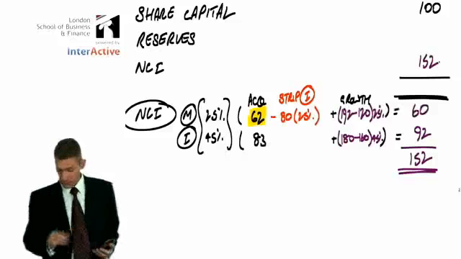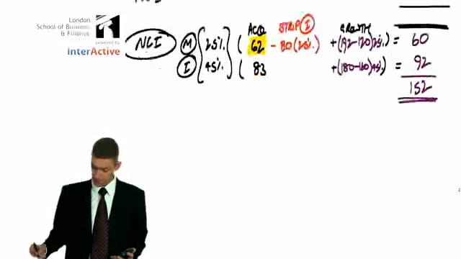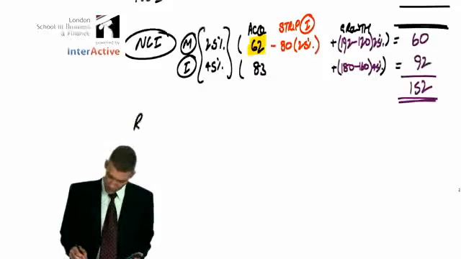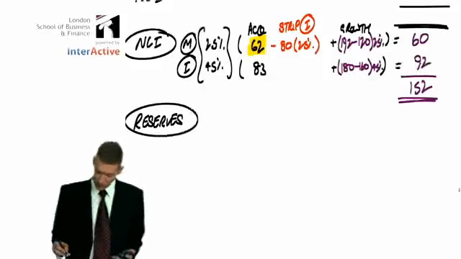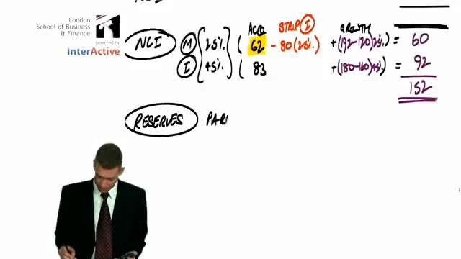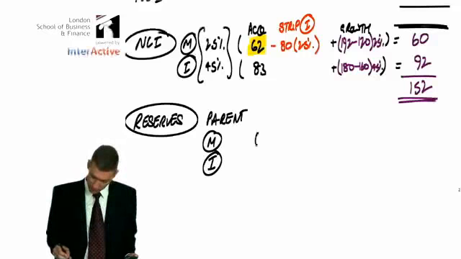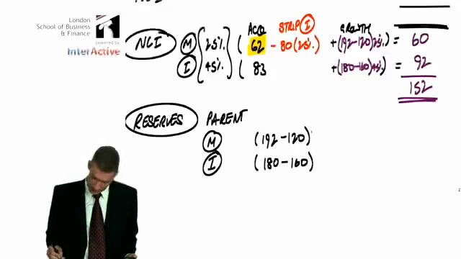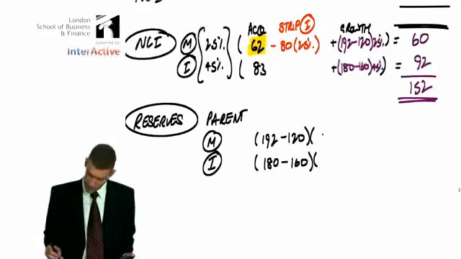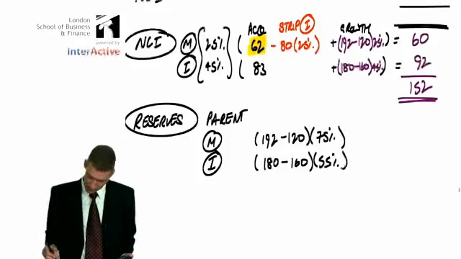And then you've got the reserves. You have to calculate those separately, so let's do that together now. The reserves are parent, M, I. Let's pick up these growth figures while I've got them here: 192 minus 120, 180 minus 160. Our parental ownership in that is 75% in the mid-sub and 55% in the lower sub.